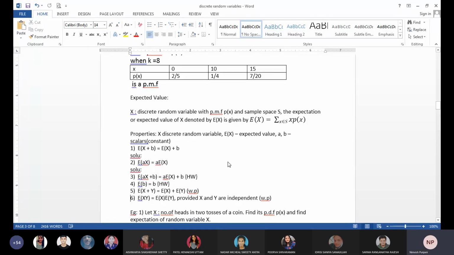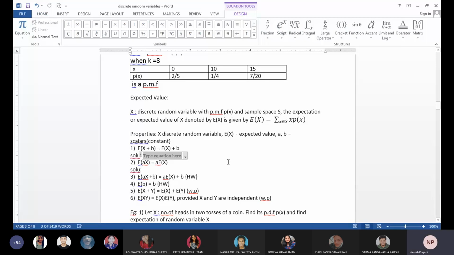So what is the first one? Expected value of X plus b is expected value of X plus b. We start with the basic formula of expected value. So expected value of X plus b, how is it defined?